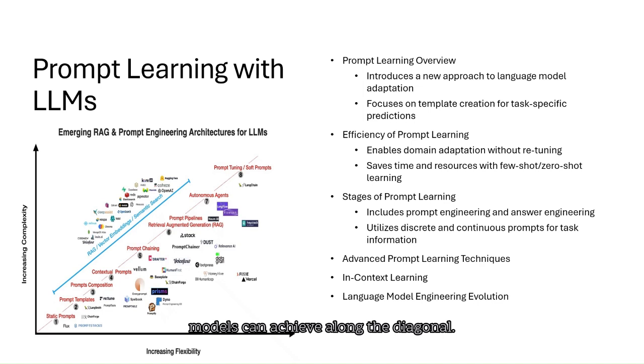Along the diagonal, the evolution of prompt engineering is displayed, from the static prompt to templates, prompt chaining, RAG pipelines, autonomous agents, and prompt tuning. On the flexible side, tools like Haystack and LangChain have excelled, presenting broader horizons for those seeking to harness the versatility of language models. This graph serves as a snapshot of the ever-evolving landscape of tooling in language models and prompt engineering today, and it also provides a roadmap for those navigating the exciting possibilities in the space moving forward.